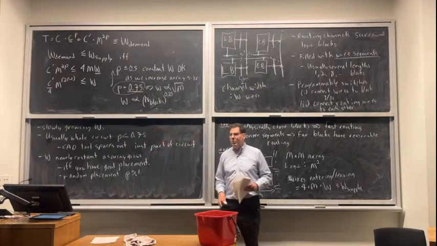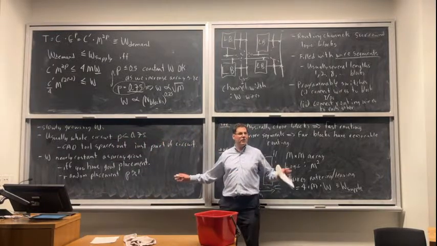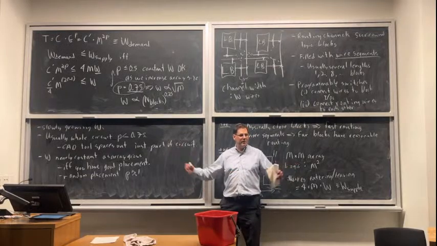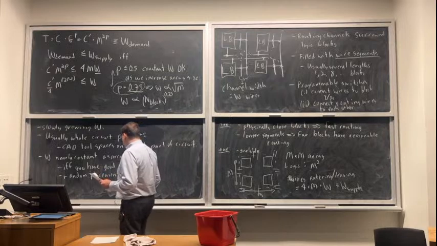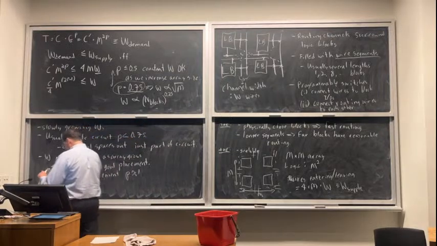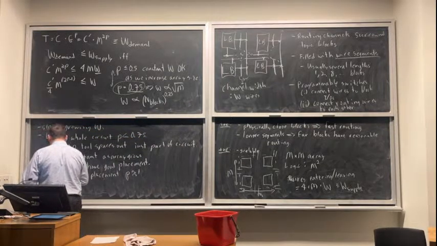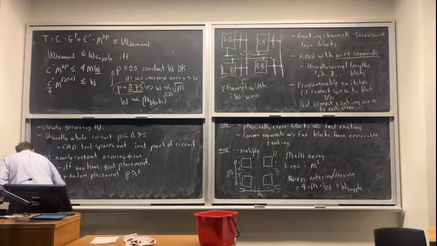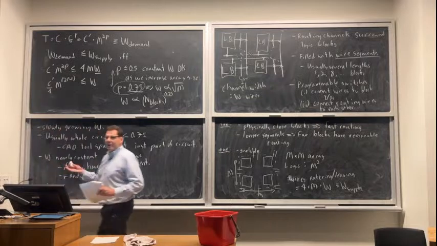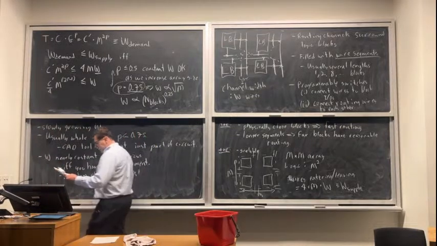You have really poor locality and nothing's going to route. You would have to increase the width of the channels really rapidly. So that is essentially a negative of this style of architecture: you need good CAD tools.